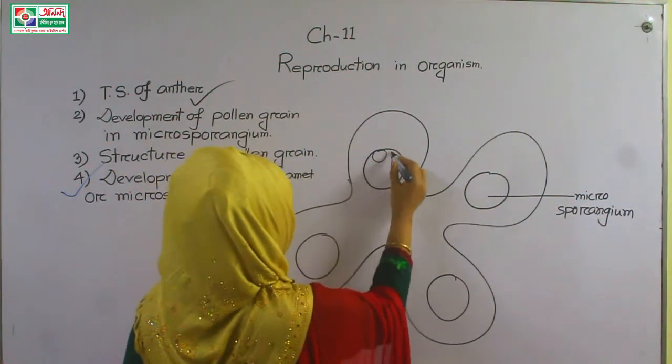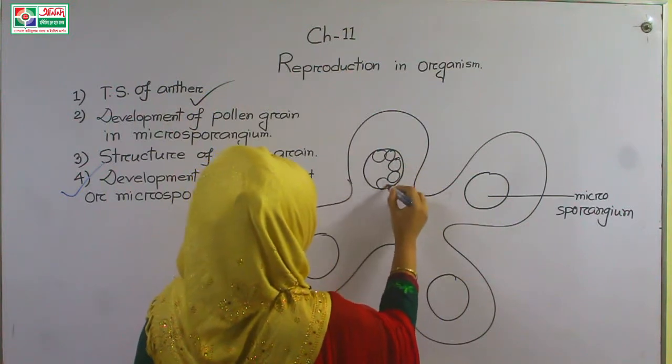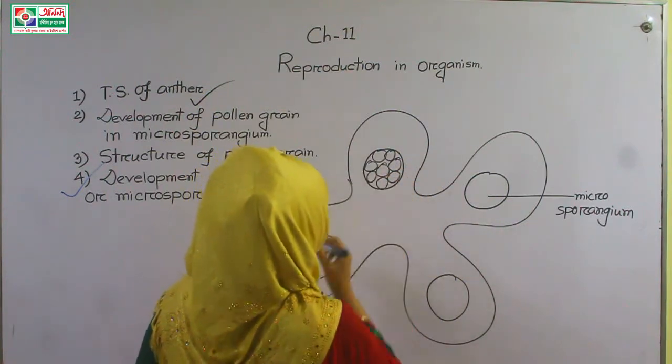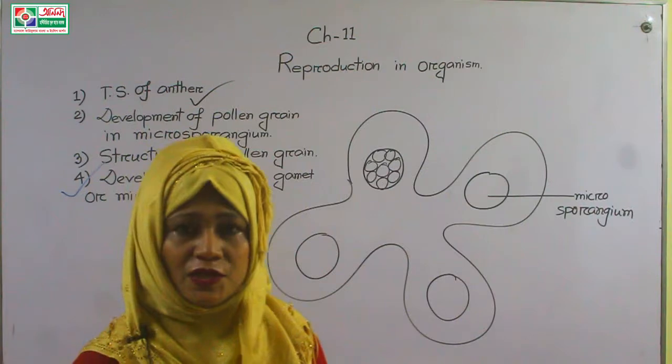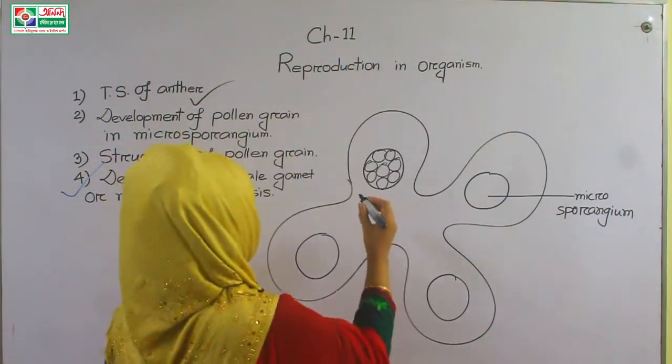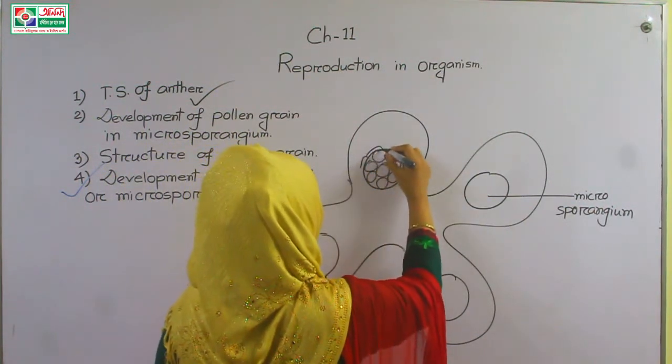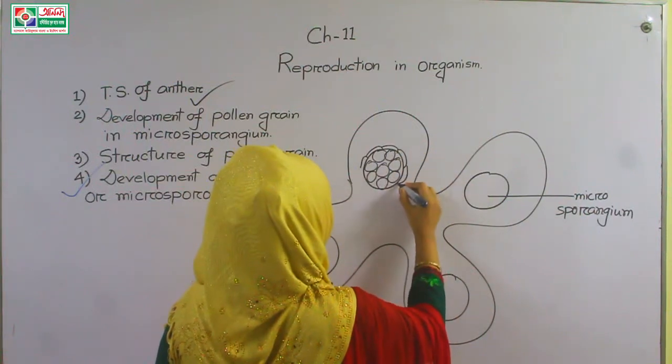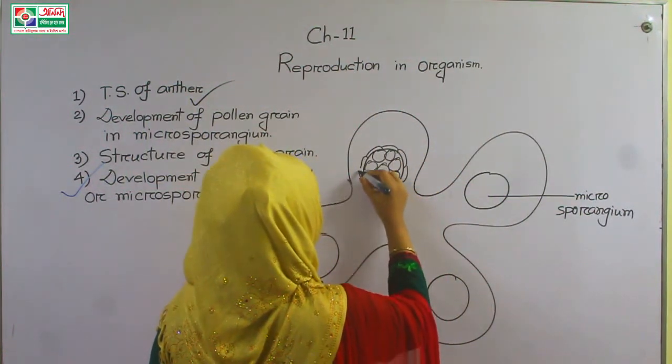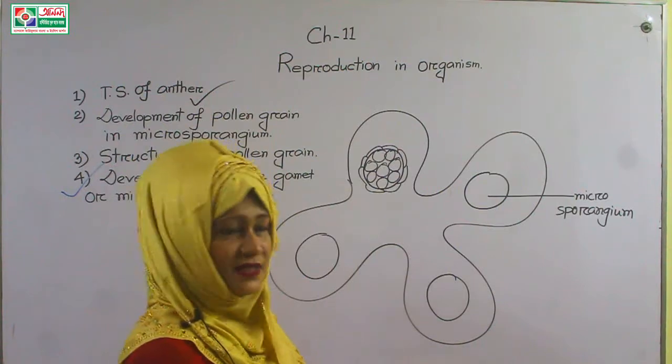It has numerous sporogenous cells or sporogenous tissue, and it is covered by a layer known as the tapetum.